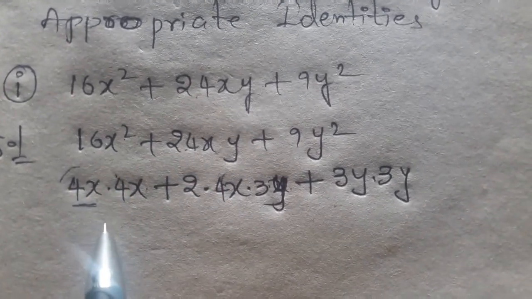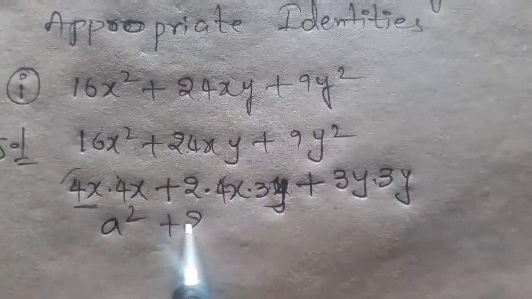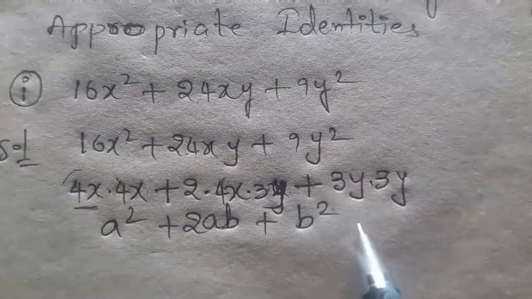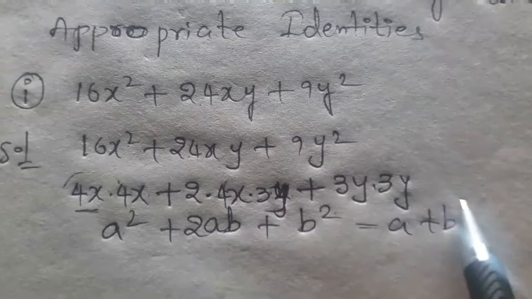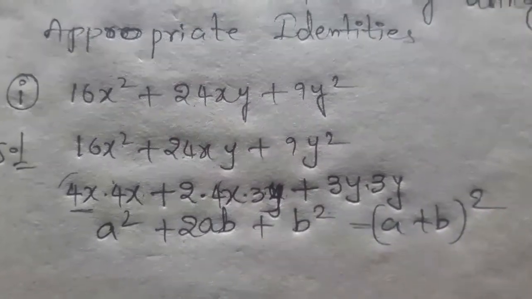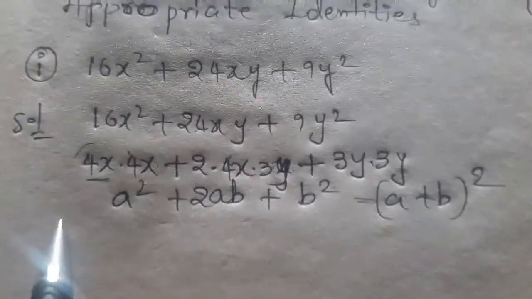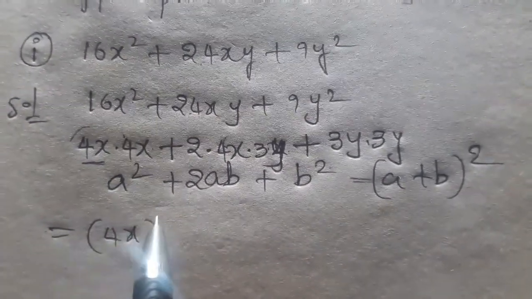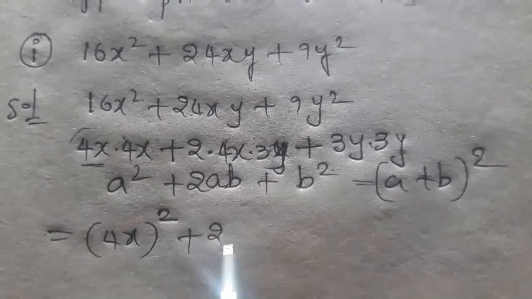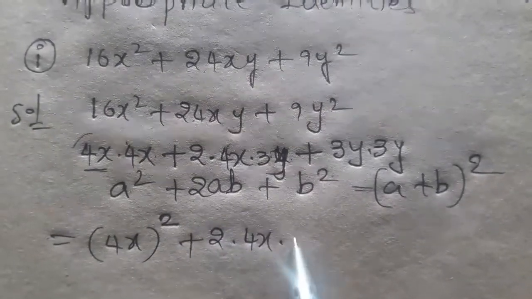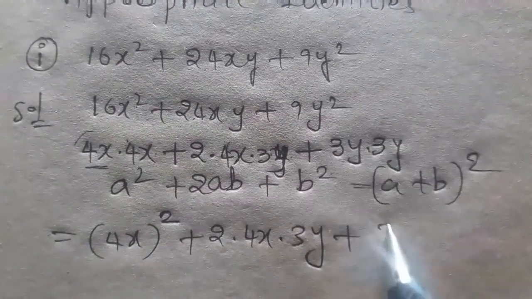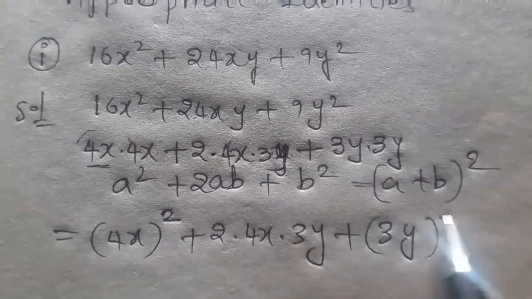So which identity is useful here? a square plus 2ab plus b square, that is equals to a plus b whole square identity is useful here, isn't it? Now this can be written as 4x whole square plus 2 into 4x into 3y plus 3y whole square.